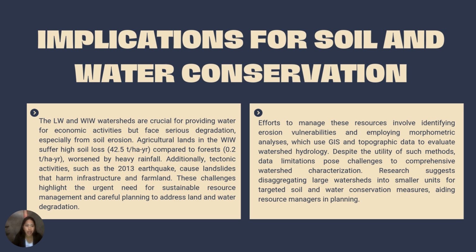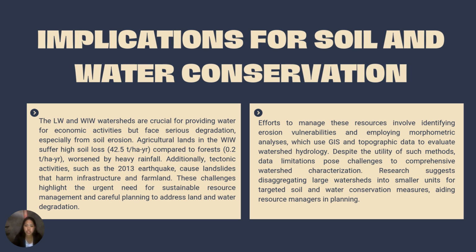These challenges highlight the urgent need for sustainable resource management and careful planning to address land and water degradation. Efforts to manage these resources involve identifying erosion vulnerabilities, employing morphometric analysis, which uses GIS and topographic data to evaluate the watershed hydrology.